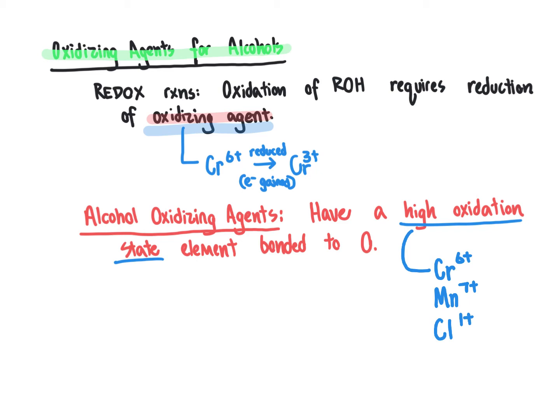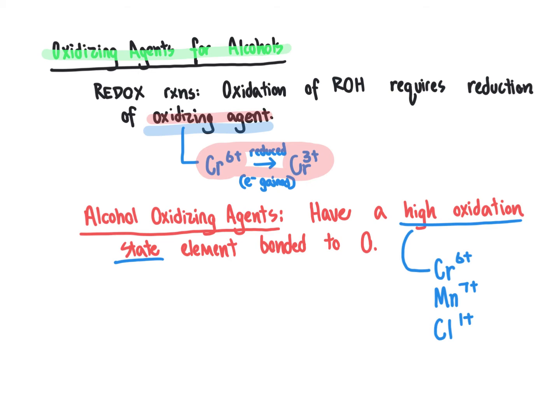So analogously to the example of chromium up top, these alcohol oxidizing agents are themselves going to end up being reduced. The chromium goes from chromium-6 to chromium-3 during the process of oxidizing the alcohol. These oxidizing agents get reduced during the course of that, and that's why they have to start with a high oxidation state.